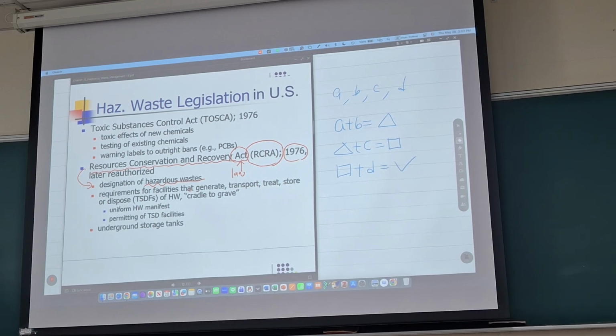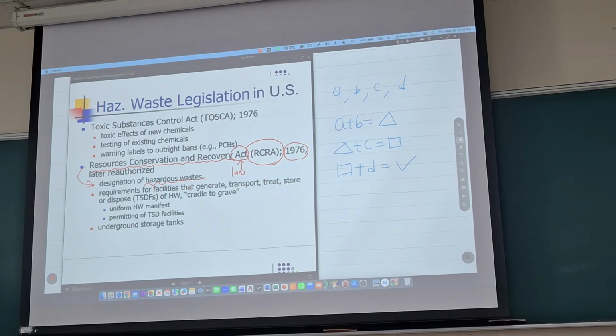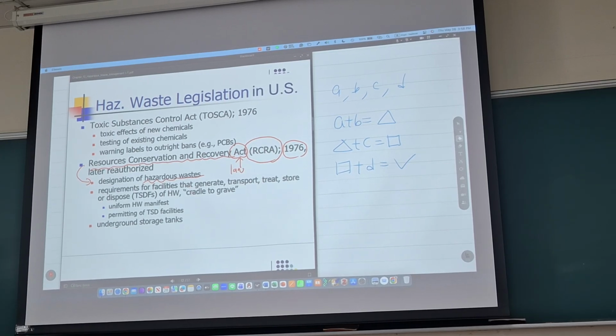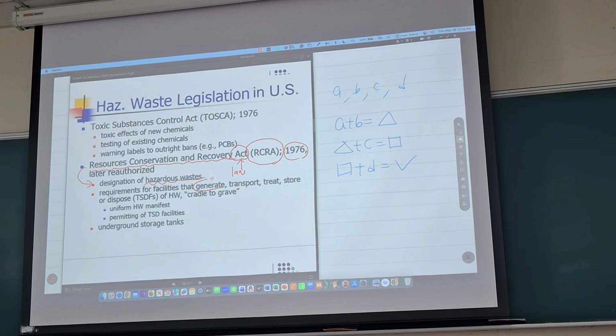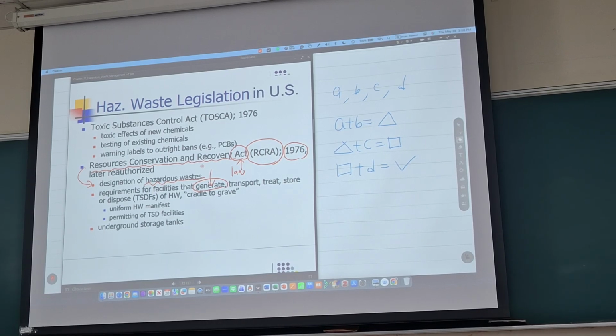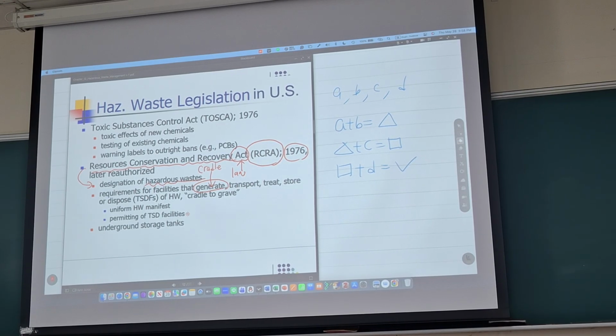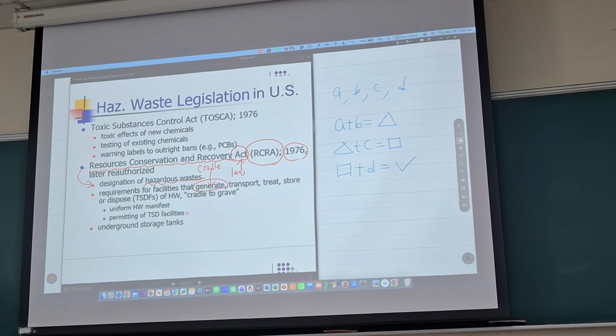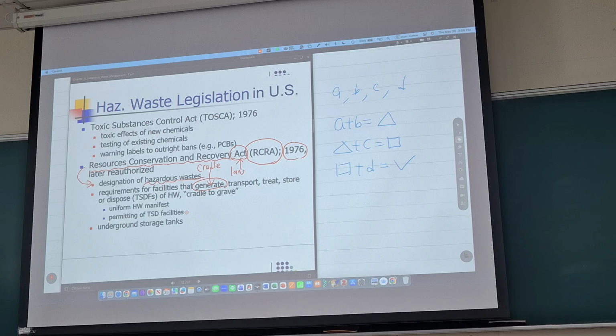So it's going to regulate the facility starting from generation. So generation is cradle. Like a baby, right? Generation is cradle. Understand? Everyone listen up, please. I'm going to finish this, okay?